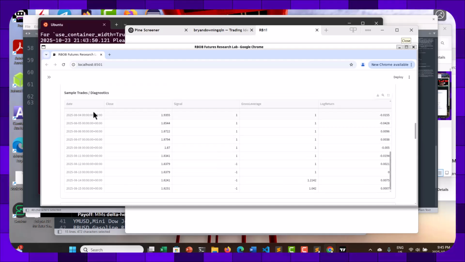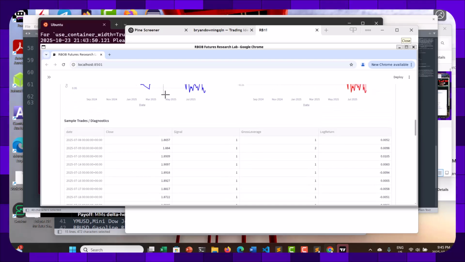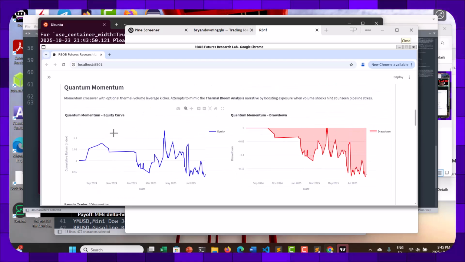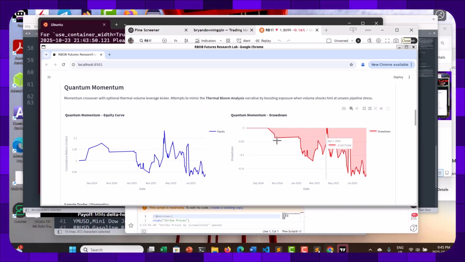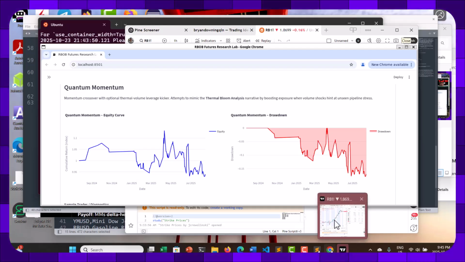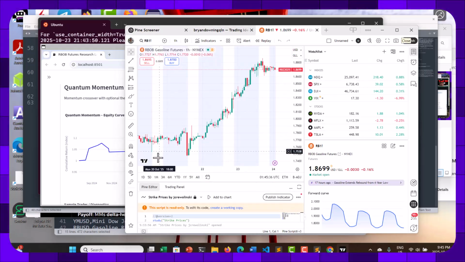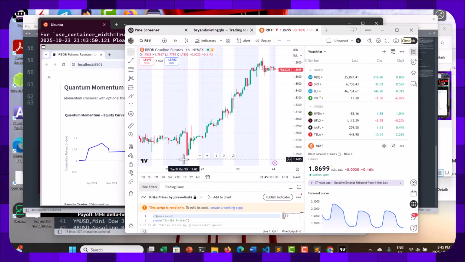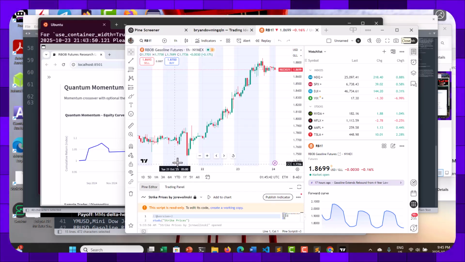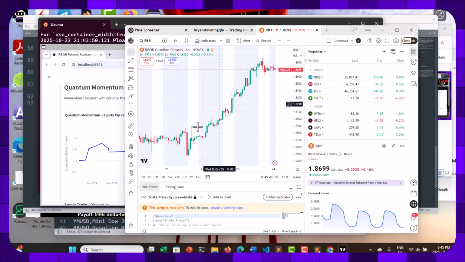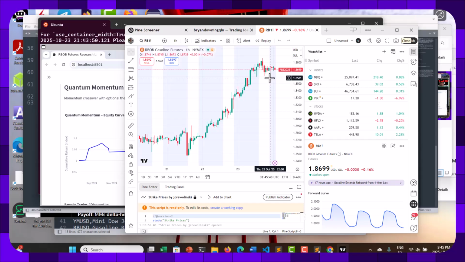What I came away with was the least risky is this one, the quantum momentum equity curve, basically because of the drawdown. If I was to show you RBOB since October 21st, RBOB's moved up. So that's the assumption of why those have better returns.